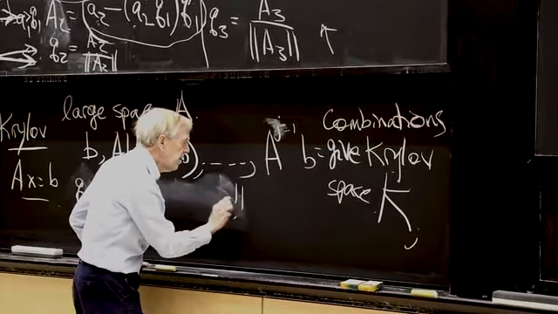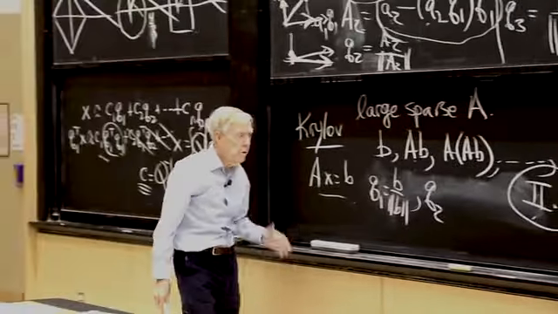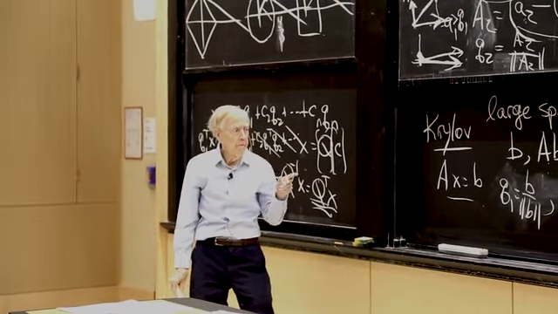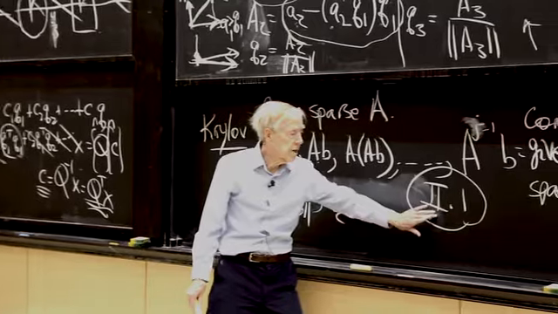This would be section 2.1. So part 2 of the book, which is where we are, and the first section. What altogether is in this first section?